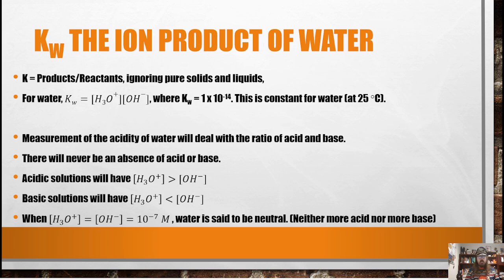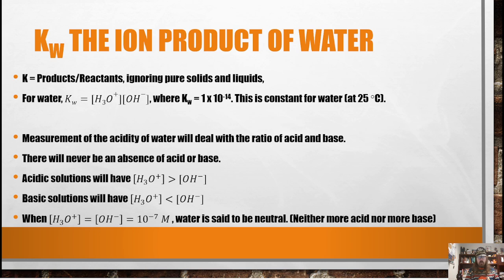So we're going to call this special expression Kw for the autoionization of water. And so the hydronium and hydroxide concentrations indirectly relate to each other by the factor of 1 times 10 to the negative 14th when at 25 degrees Celsius.